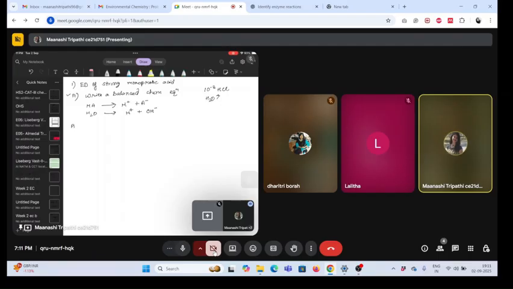The next step is we have to write the equilibrium constant expression. I will write for Kw.